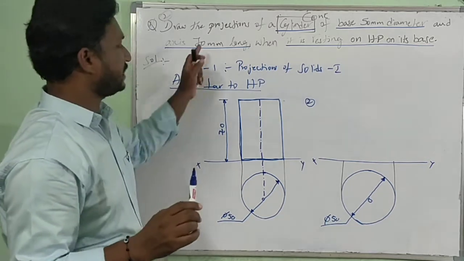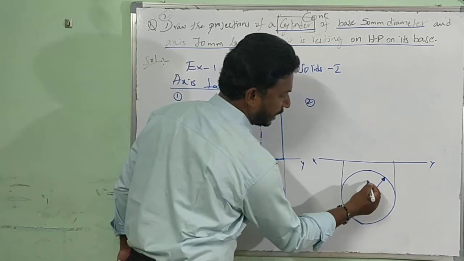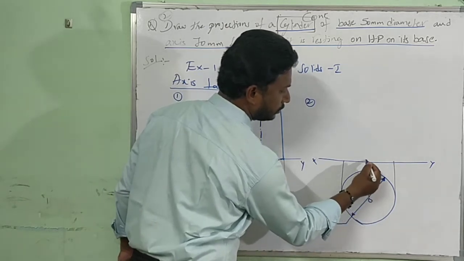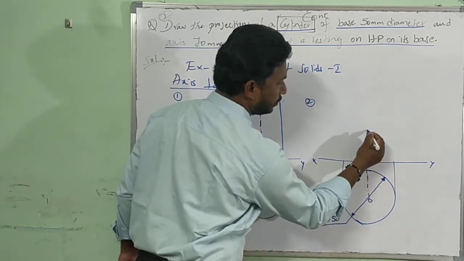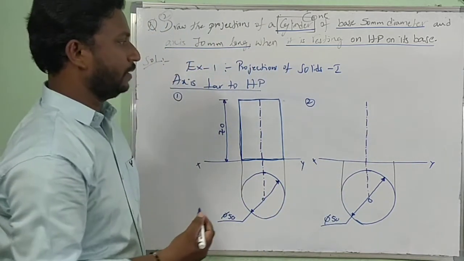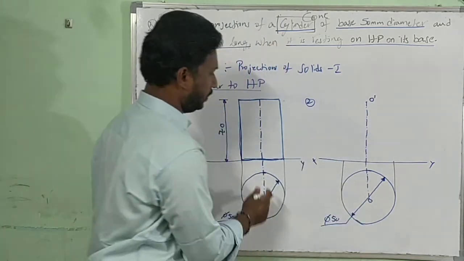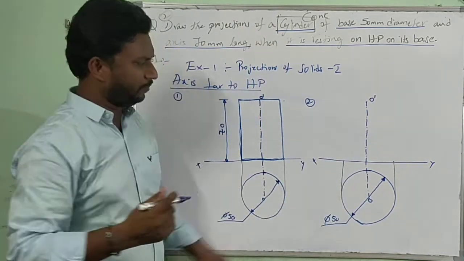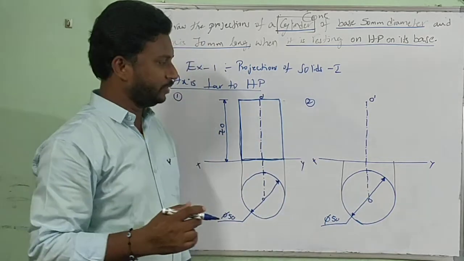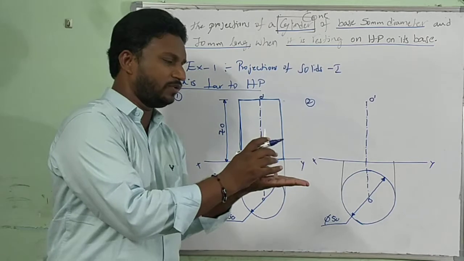The axis height is 70 mm. Where can I draw it? From the center, dash dot, of 70 mm height. Now you will get the apex point here as O dash. At the top here you can also write O dash, no problem.